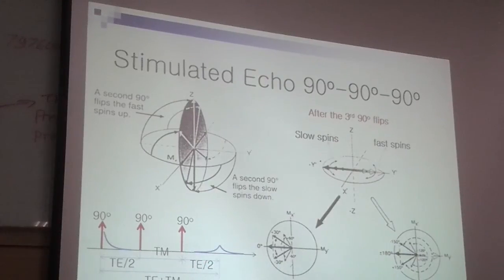So the time interval between the first 90-degree RF pulse and the echo peak is defined as echo time plus Tm. Tm is the abbreviation of time of magnetization, so we usually call this time Tm.